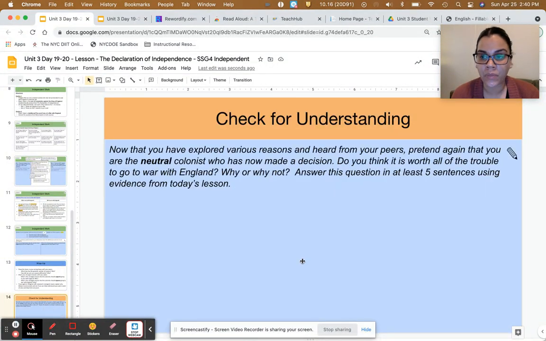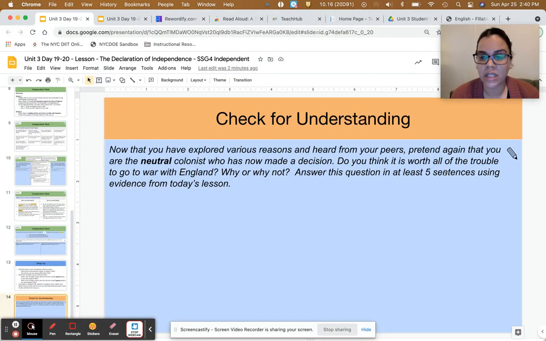Finally, as you finish, I want you to think personally when you answer this question. I want you to think about the previous lessons we've had. If you want to go back to the other lessons where we were analyzing the timelines of all of the events that occurred between the colonists and the British to help you answer this question, you can use that as a resource.